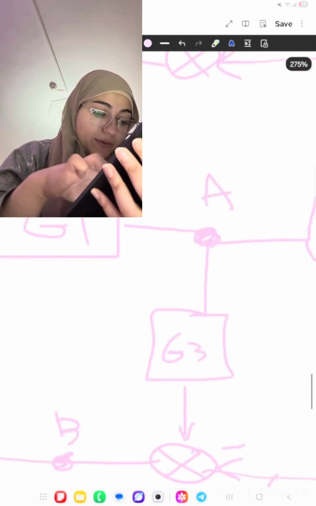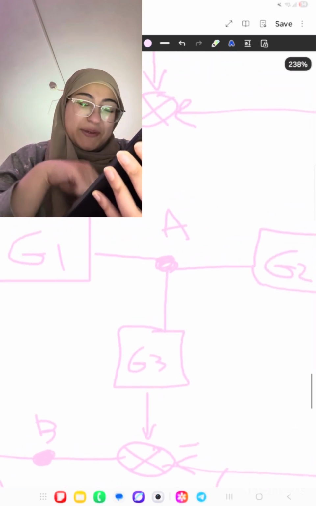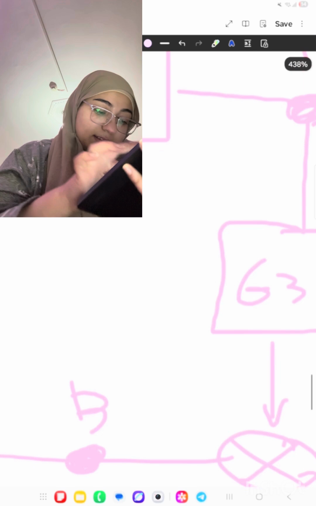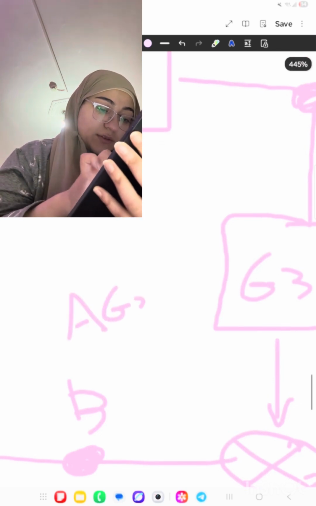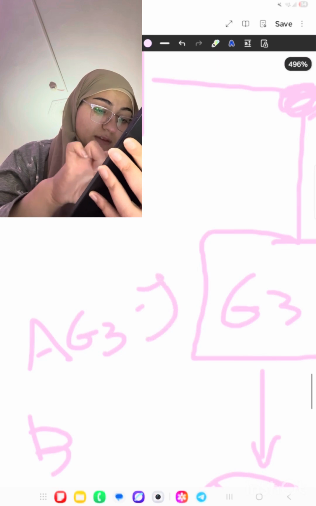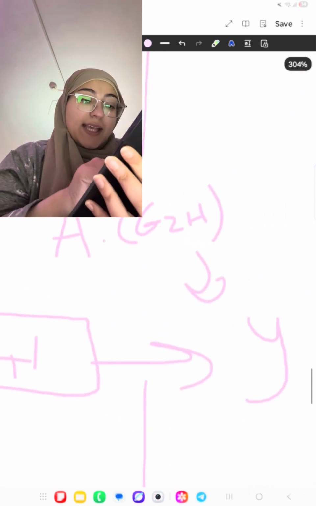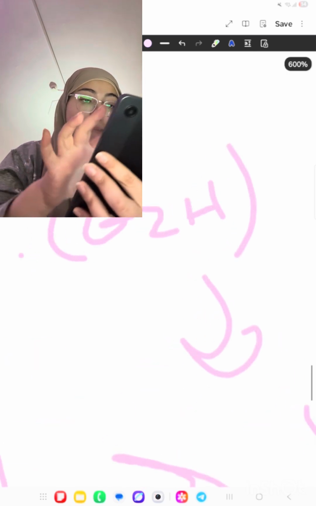And if you want to find B, B will be A G3 minus Y. We have already found Y, which is A multiplied by G2 plus 1.